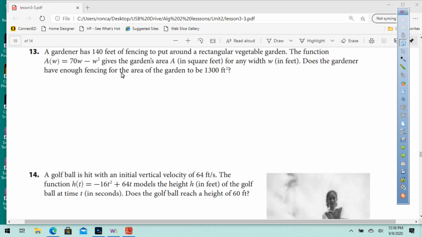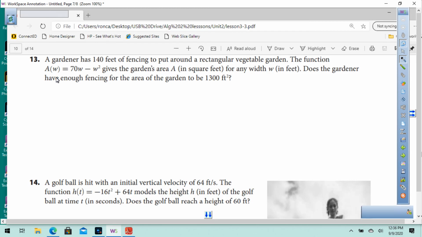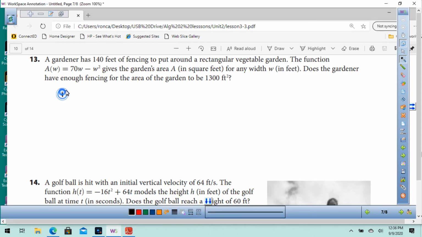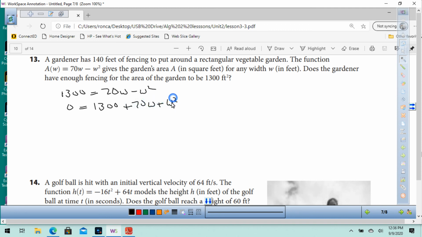So let's write it out. We got 1,300 equals 70w minus w squared. All right, we need to get it all on one side. So we got 0 equals 1,300 plus 70w plus w squared.